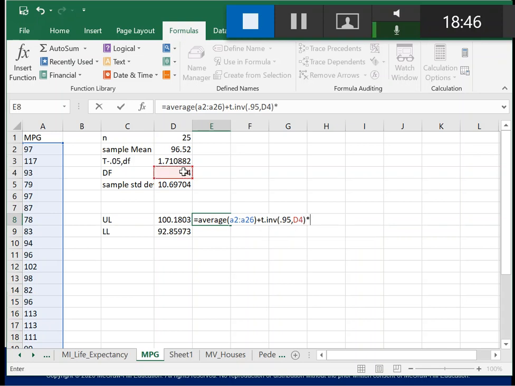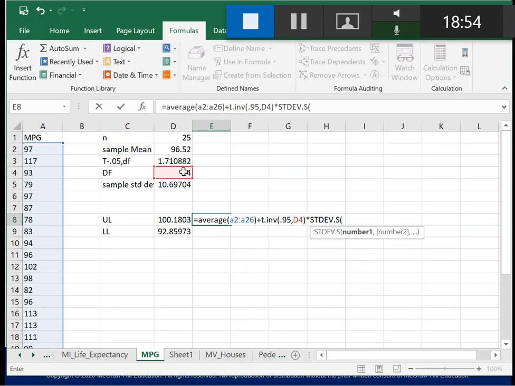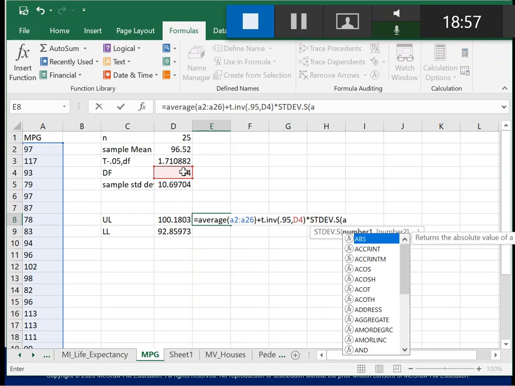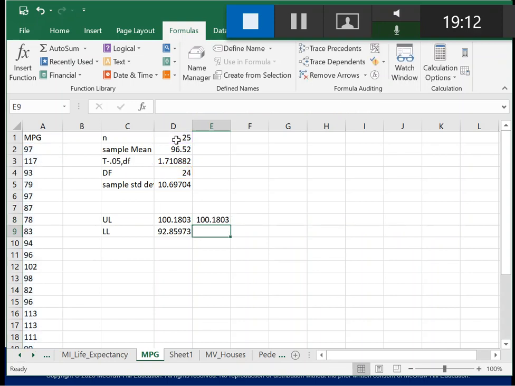All right, now multiply by the standard deviation of the sample for A2 through A26 divided by the square root of the sample size of 25, and boom, I get the exact same answer.